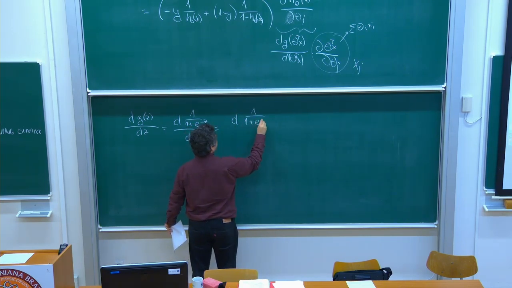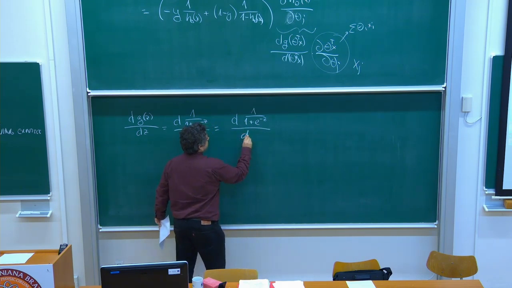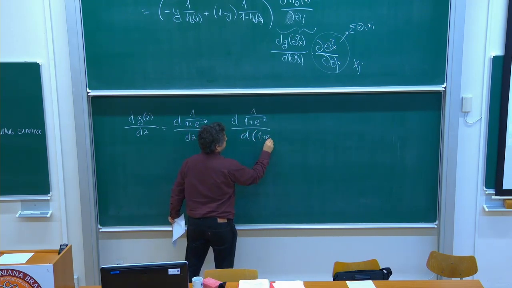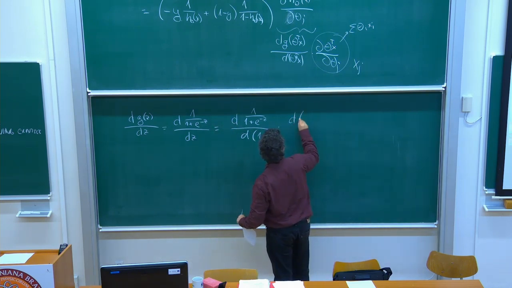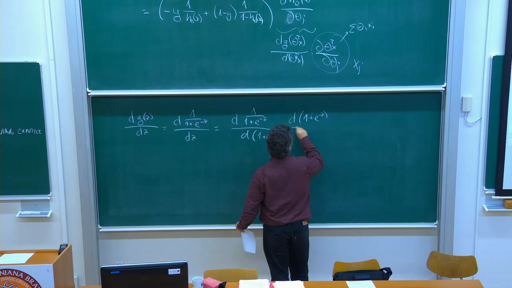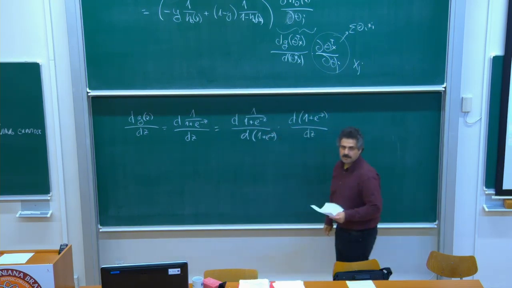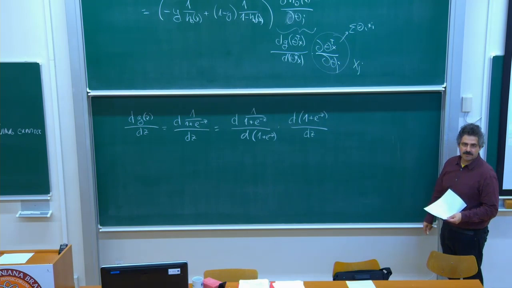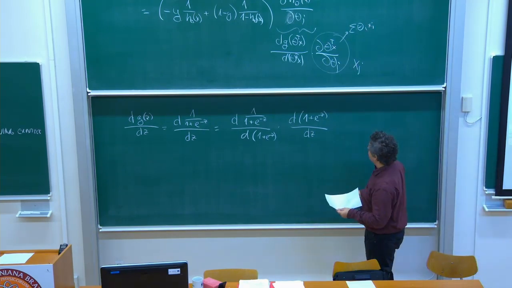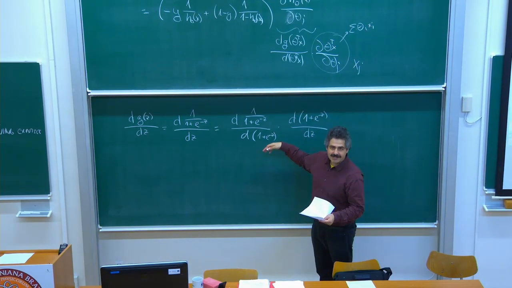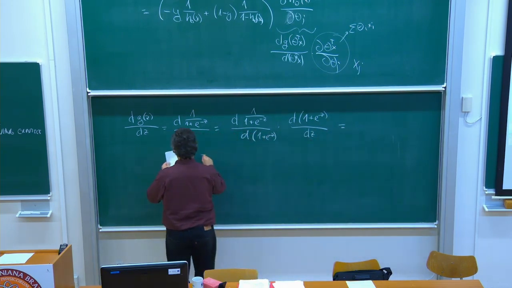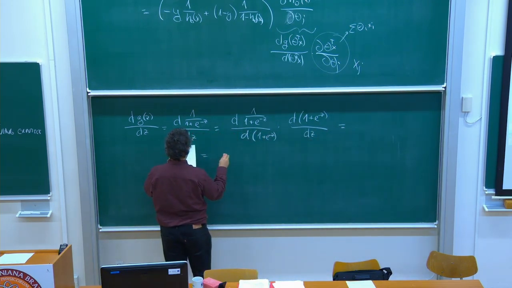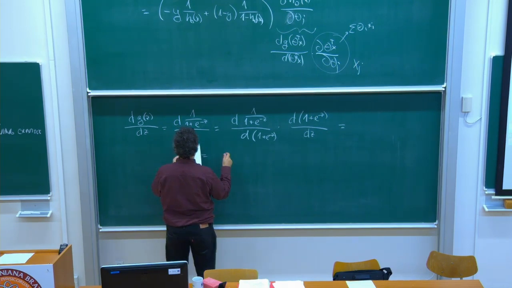So first of all, we will do this derivative, and then we use the chain rule again, plain and simple. This is 1 over x, which means that the result is minus 1 over x squared.